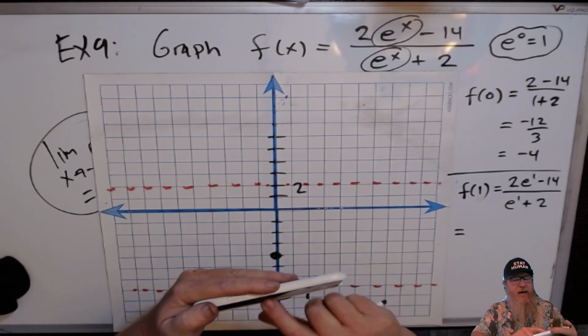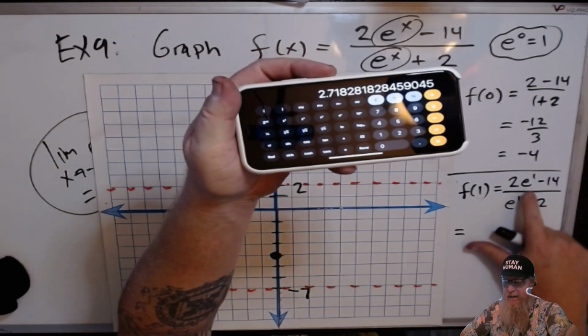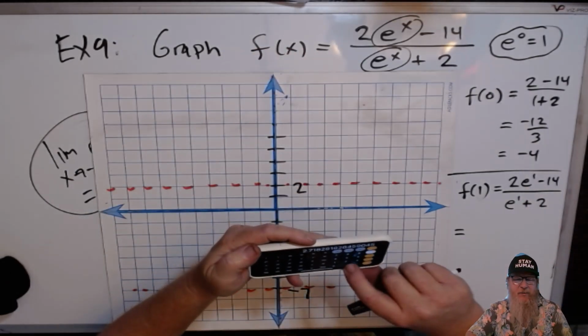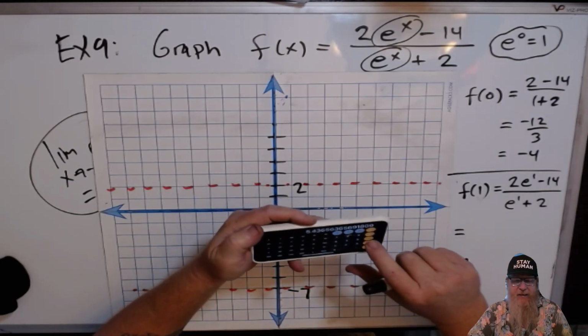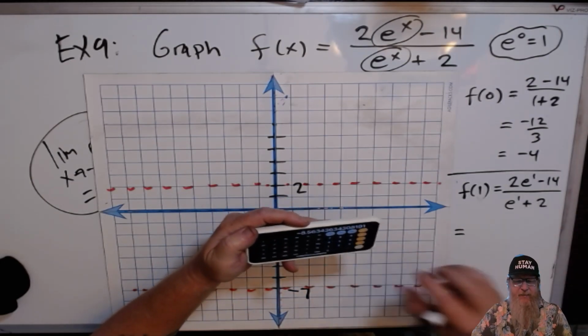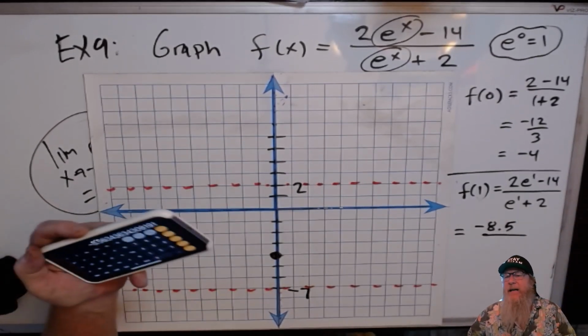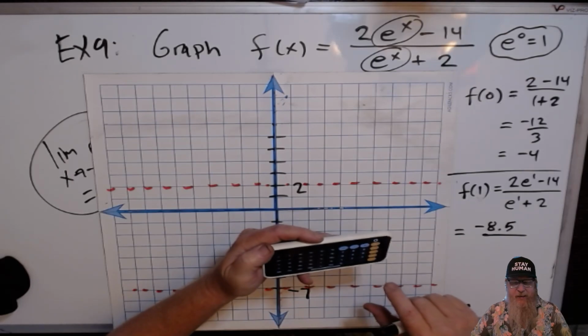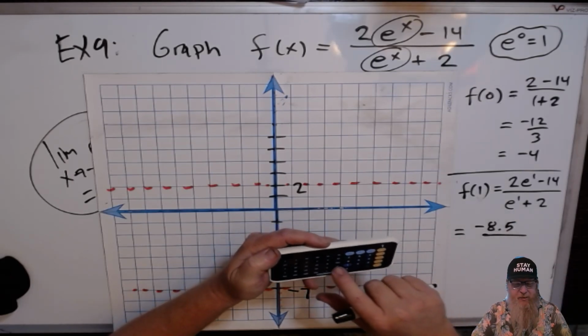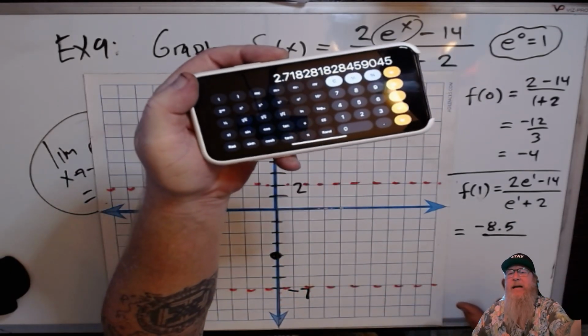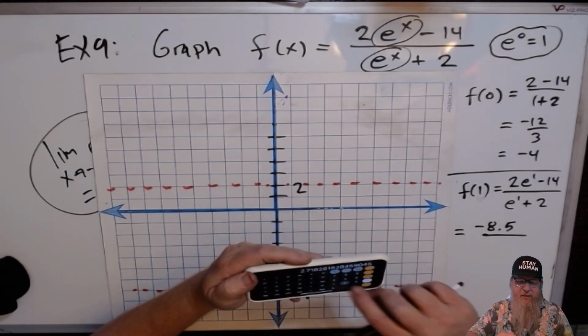Okay, so I got e. There's my e times 2. Minus 14. So I get -8.5. I don't really care about the decimals. And then I got e plus 2. So there's my e plus 2.